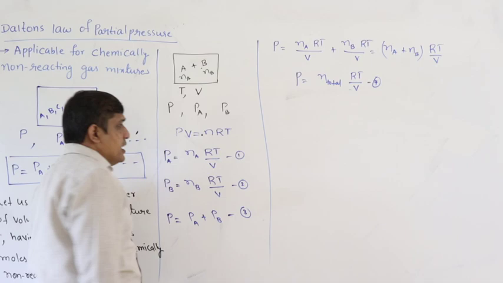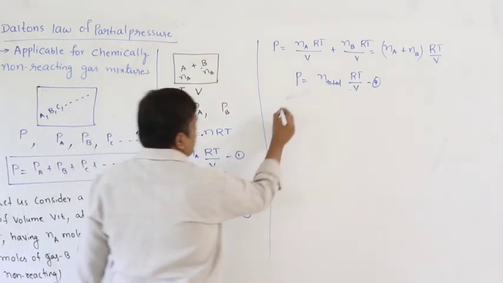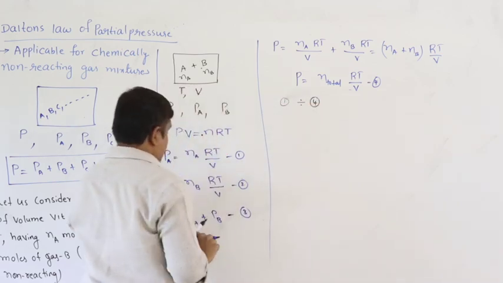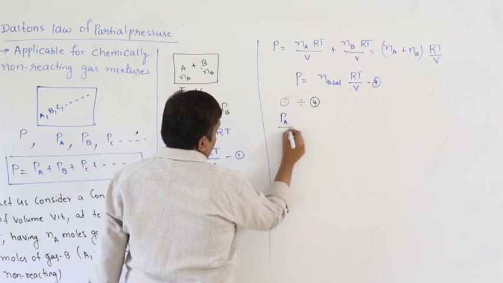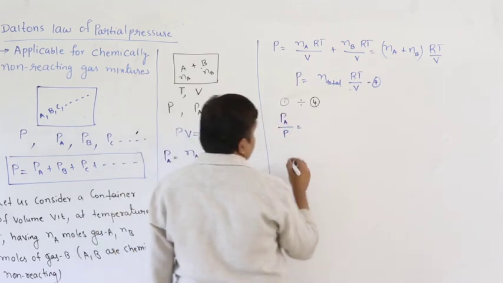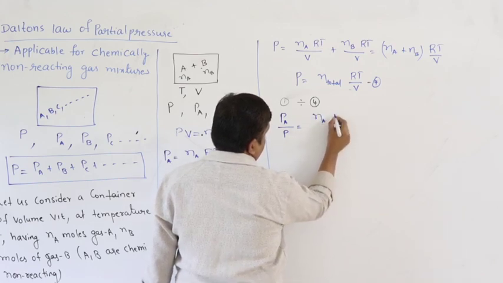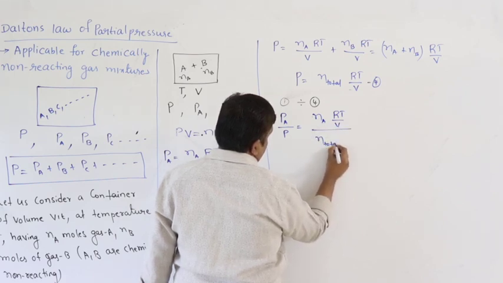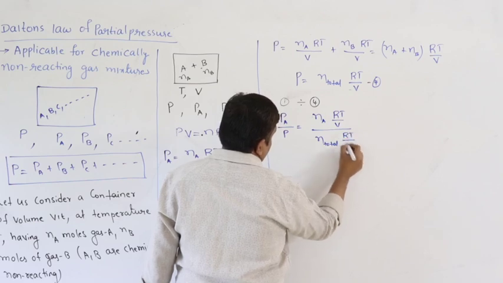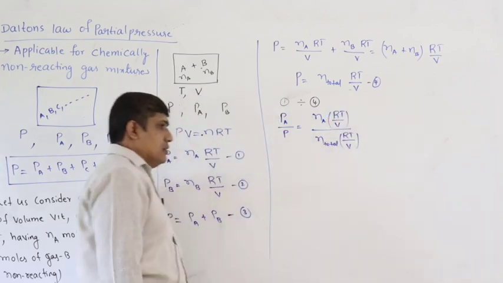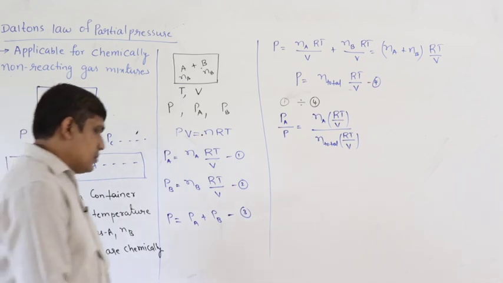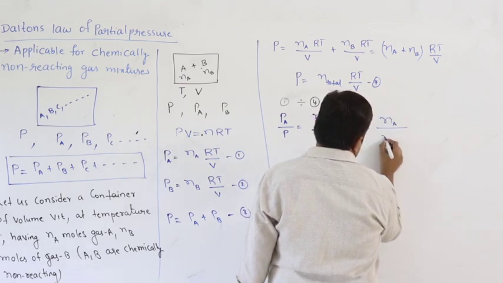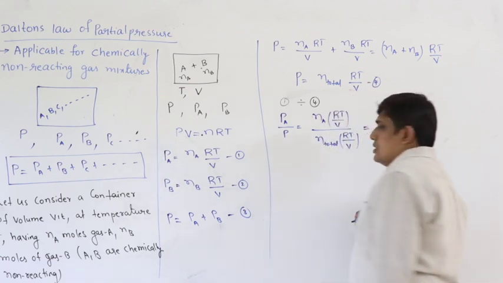Now I will take the ratio of equation 1 by equation 4.